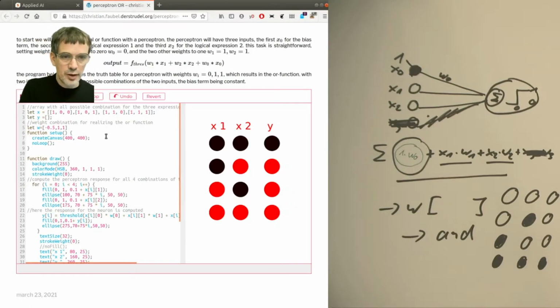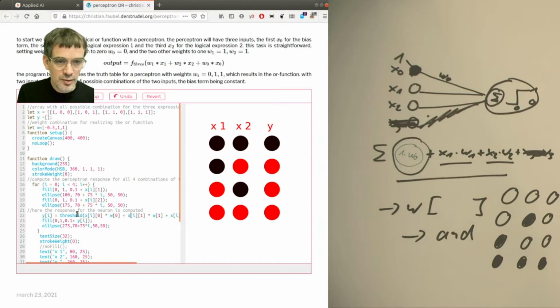So that's your task. You can do that either by just fiddling around with these values, that's fine for me, or you can try to do it in a more analytical way and think about what kind of weight combinations fit the function that is really computed, this function here. You multiply 1, which is always 1, with the first entry in the weight vector.